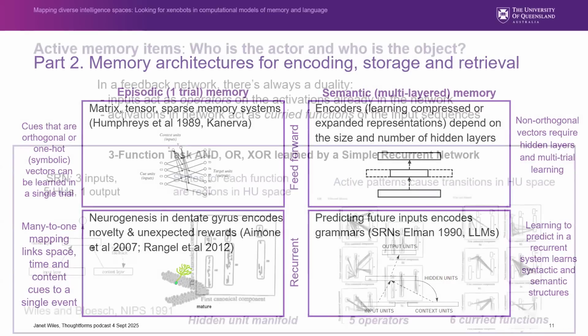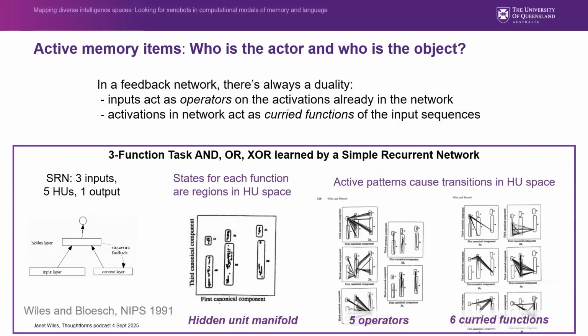So exploring this notion of how an item in memory might have some form of goal or be an active element, I think it's really interesting in studying these simple recurrent networks to think about who is the actor and who is the object.